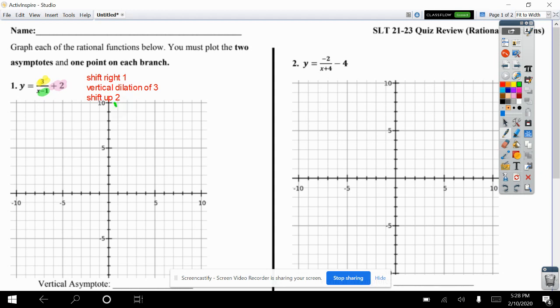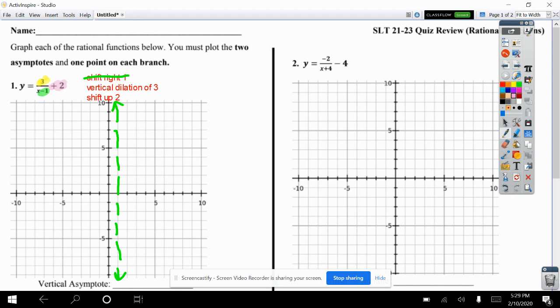So my vertical asymptote again comes from shifting right by 1. Once I have that, I'm done with the shift. I don't really need to worry about it at all. Because as you'll see when we plot the points, we're just going to have a new center of our graph. So that will take care of the shift.